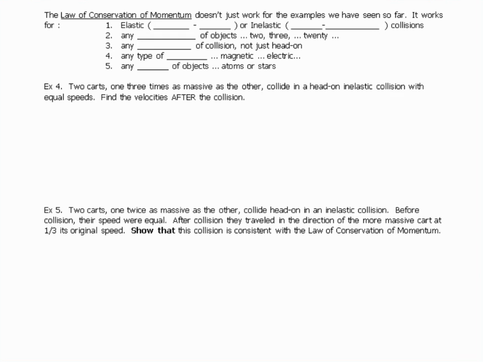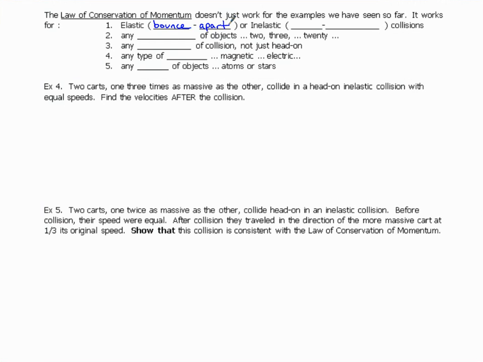The law of conservation of momentum doesn't just work for the examples that we've seen so far. It works for other things. It works for elastic collisions. Elastic is what we call bounce apart. So the two objects collide and they bounce off.